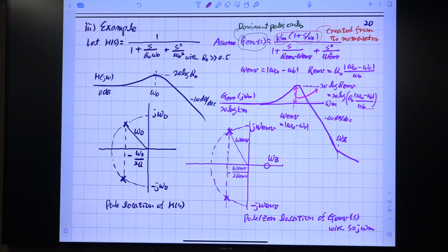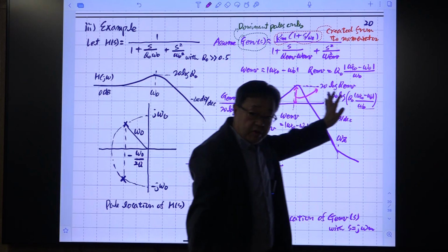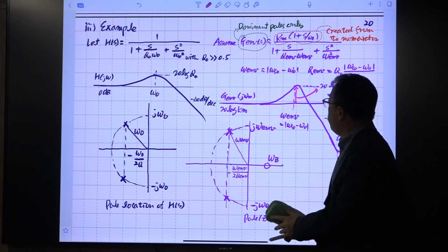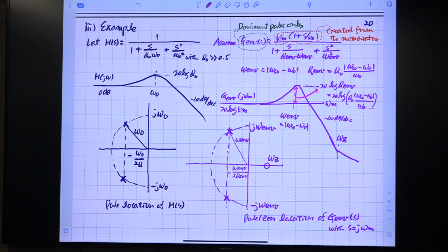This transient response, the startup response, is something like this. So where is this dynamics coming from? This low frequency dynamics is coming from this pole. The pole frequency is the same as the frequency of this one.